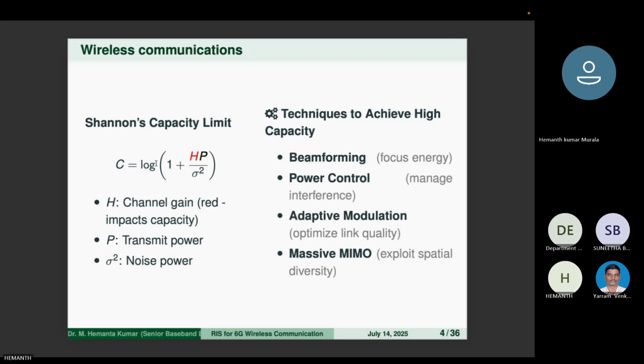Coming to the point: Y is equal to H times the precoded signal plus noise. I am multiplying zero forcing into the transmitted signal, so I can put this equation here. What is the equation?